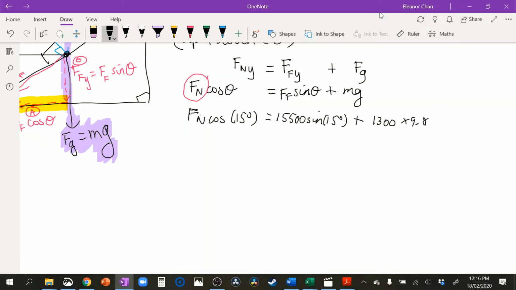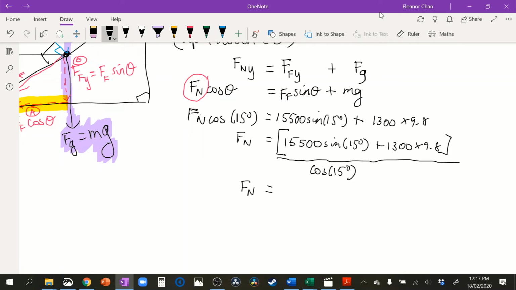We'll keep going. So my normal force is equal to, so what you can do is you can actually put this all into the calculator at once. Your answer should be 17,342.6310.